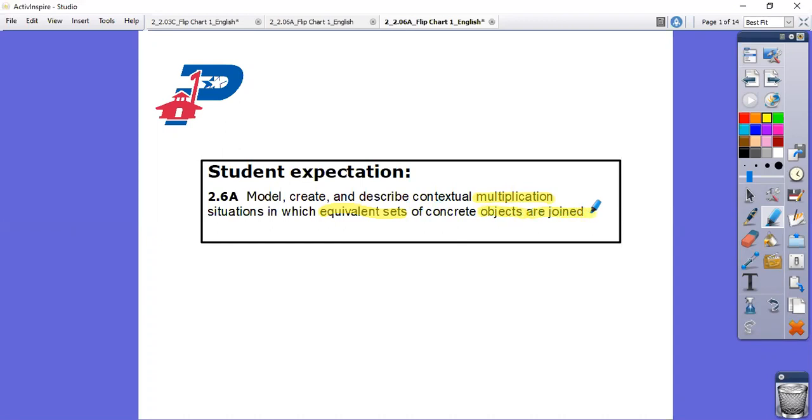And we know put together is a term that we would use to describe an addition situation. So multiplication is just when you take equal sets, equal numbers, and you put them together. Really, multiplication is just fast addition.